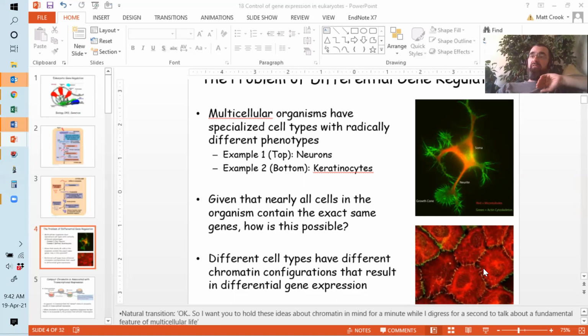And if you think about it from the point of view of medical biology, let's say you're researching how to fix people that have had traumatic spine injuries or brain injuries.